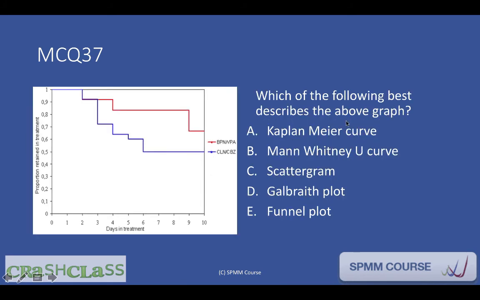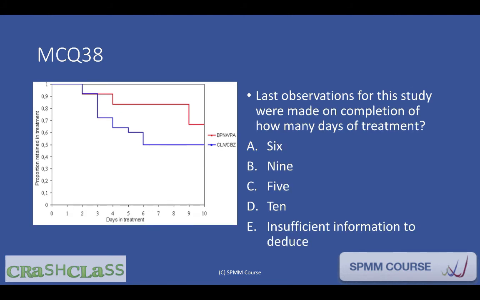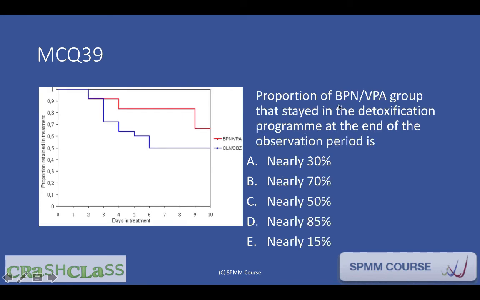Using the above curve, answer the following questions using the graph. Which of the following best describes the graph? You know the answer for this, it's a Kaplan-Meier curve. Last observations for this study were made on completion of how many days of treatment? So when was the last observation made? 0, 1, 2, 3, 10 days. So the answer is 10. The last observation was made on the 10th day. What proportion of the BP and VPA group stayed in the detoxification program at the end of the observation period?